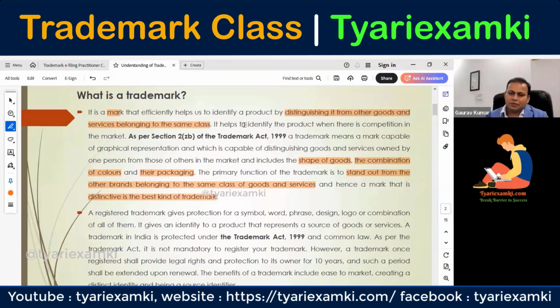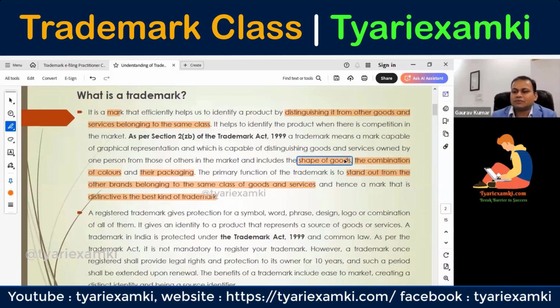It means that if a person is dealing under class 3, that is medical substances, and the same trade name or the same trademark is used for other types of goods or services, then these are two trademarks and they can be registered separately, or the same trademark can be registered under two different classes. Okay. Now, it helps to identify the product when there is competition in the market.